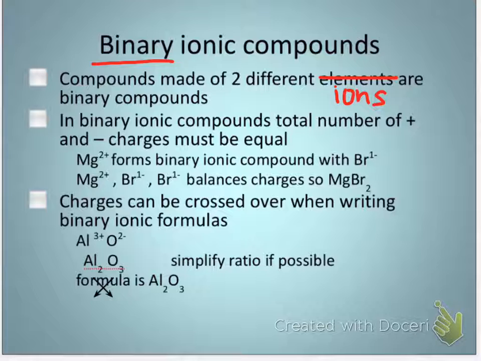So when we have magnesium 2+, and it forms a compound with a bromide ion, we have a magnesium ion and a bromide ion. We have to balance those charges. So we know, just looking at it, that the ratio is going to be 2 to 1.